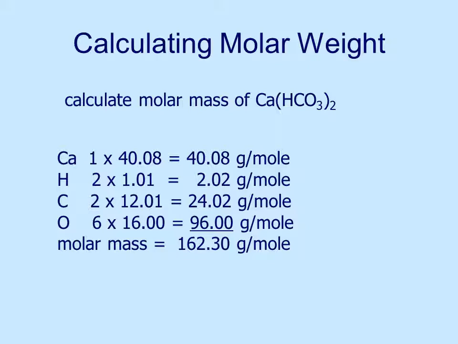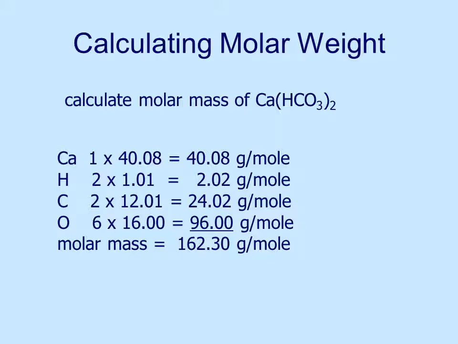Now, this is a way to do this if you make sure that you count everything up right. Calculate the molar mass, in this case, of calcium bicarbonate. And there's the formula for calcium bicarbonate. So you write out each atom. The calcium, there's 1 calcium, and it has an atomic weight of 40.08, so that's 40.08 grams per mole.